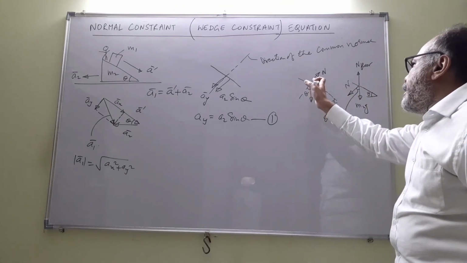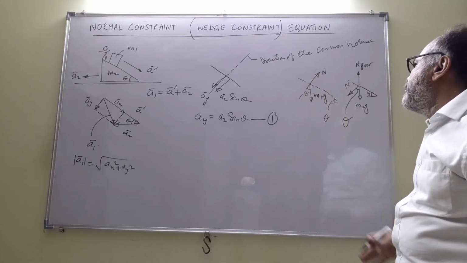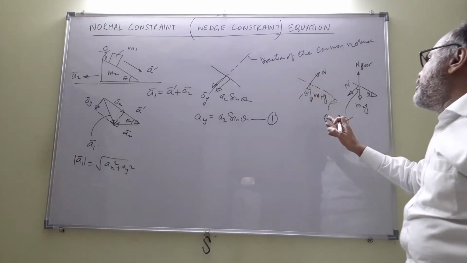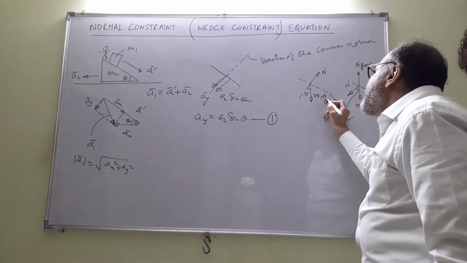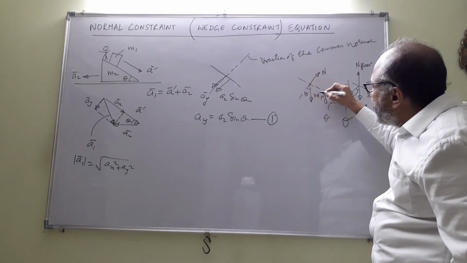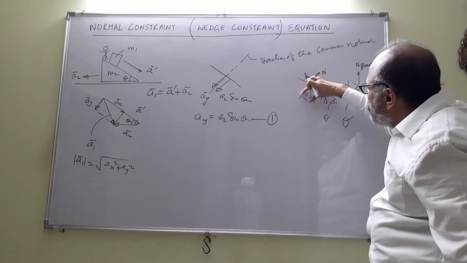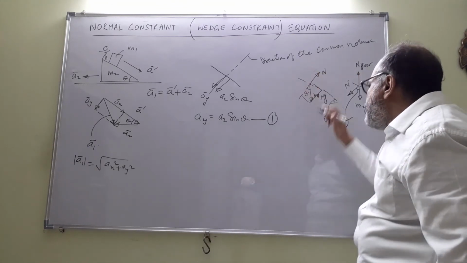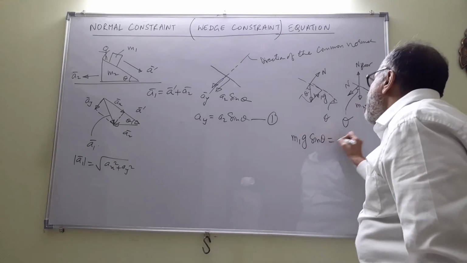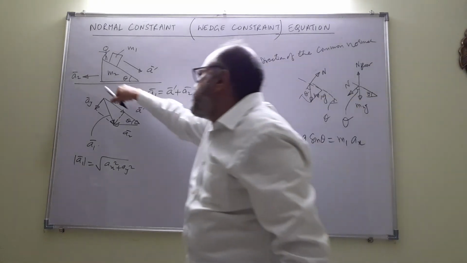So I can write an equation along ax and along ay. Along ax, we will have m1g sine theta. If I complete the rectangle here, this is the opposite side. So m1g sine theta will be equal to m1 into ax, because ax is along the incline.